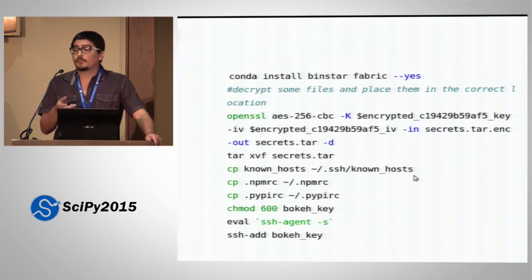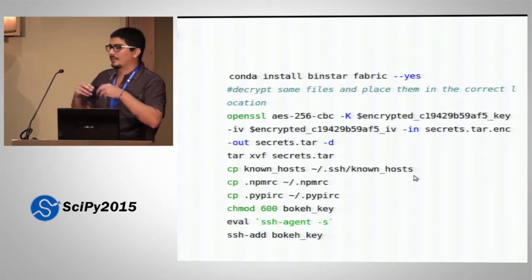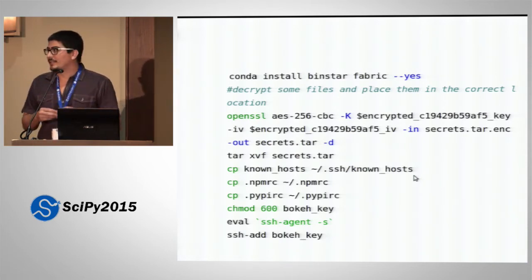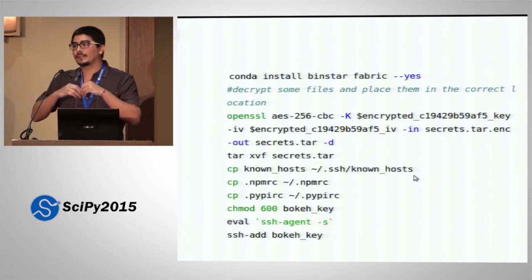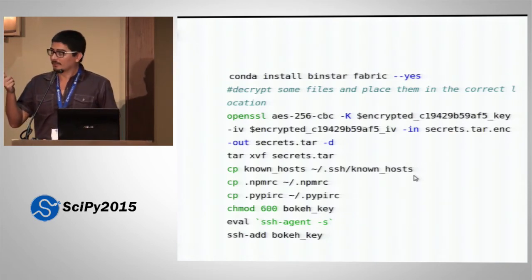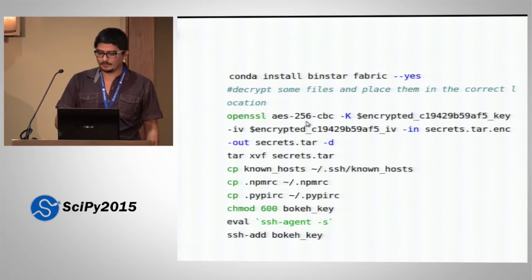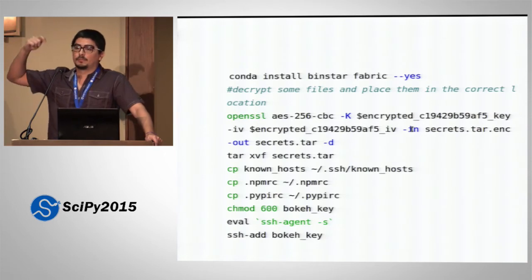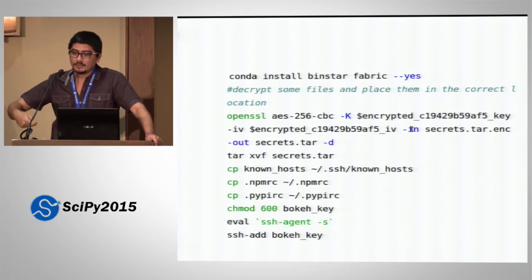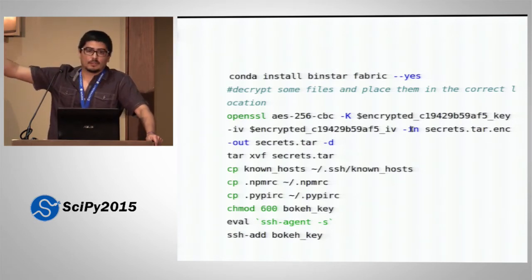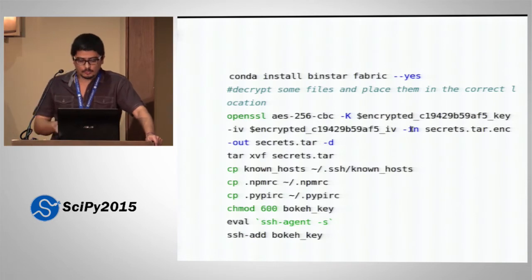If you work with an encrypted file, you can put all the interesting files, SSH keys or config files, whatever, inside a tar file, and you encrypt that using the Travis CI command line application. Then that application outputs a line, which is essentially here, that you can put in your Travis YAML file, and then when the Travis CI platform runs the build, it is able to decrypt that file and use all the credentials you want to use.